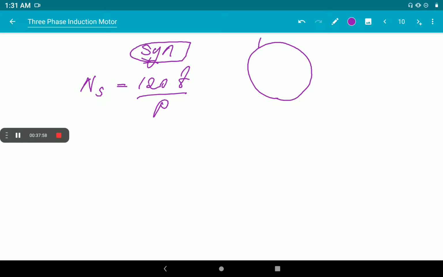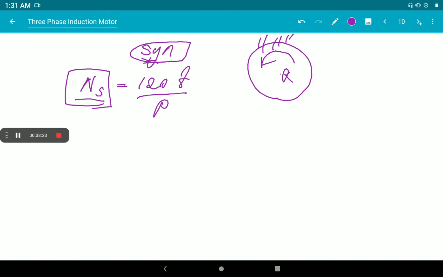So the speed of the rotating magnetic field is this Ns. Okay, when the rotor starts rotating at the same speed, what happens? The magnetic field rotates at a speed Ns and the rotor starts rotating at the same speed. That means there is no rate of change of flux.